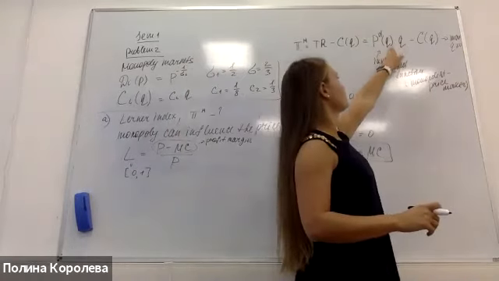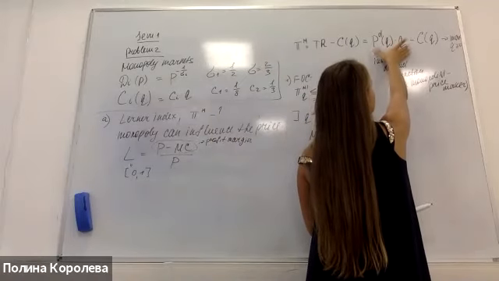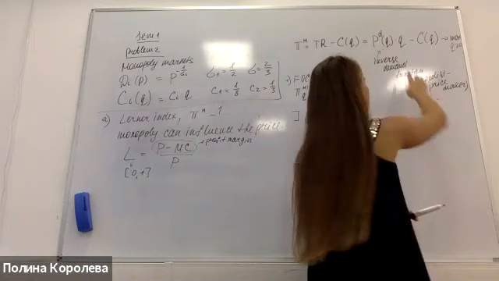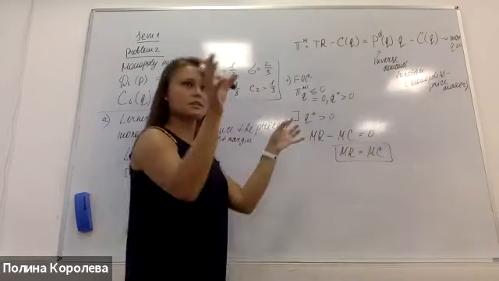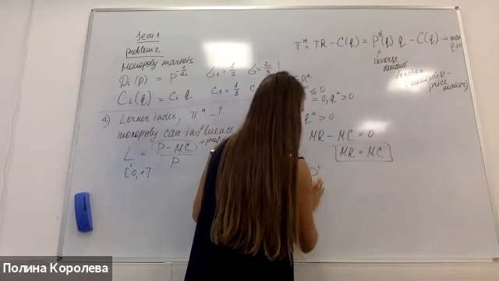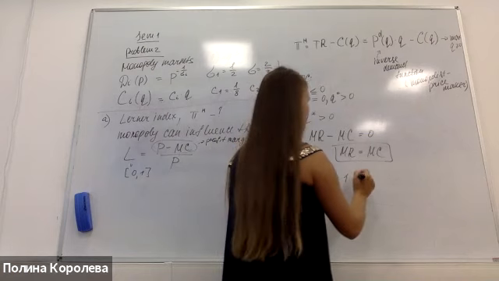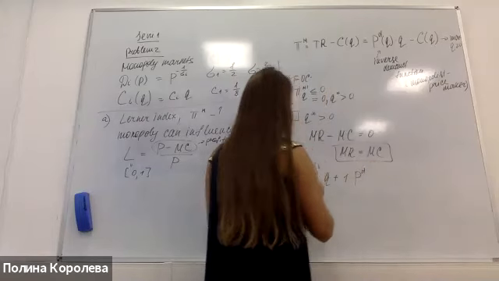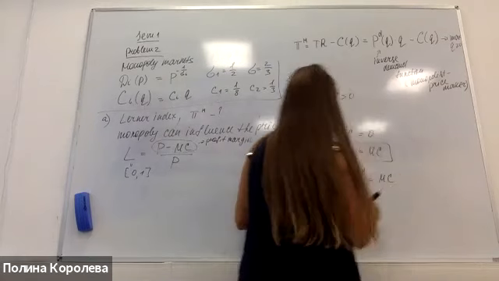Okay, let's continue. We should take the derivative from this one. But you see that we have two functions out of one. So, firstly, it will be the sum: the inverse demand function derivative P prime multiplied by Q plus 1 multiplied by this demand function, should be equal to marginal cost.